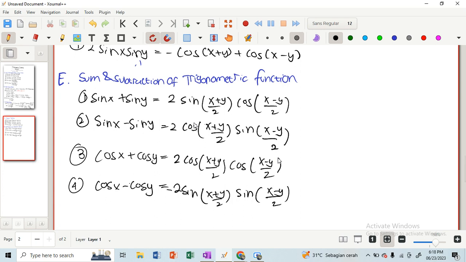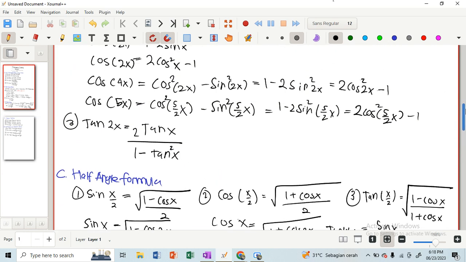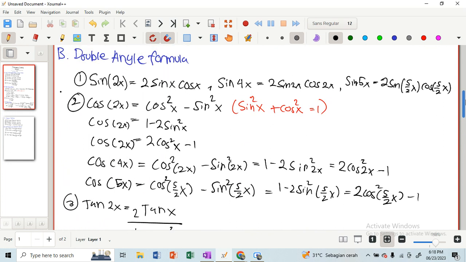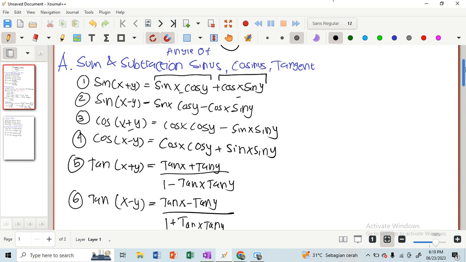So I suggest that you remember these identities, and of course, the other identities too. Well, there's nothing that you can do other than memorizing these formulas, because if you don't remember them, it would be difficult for you to work on trigonometric functions, like the limits of trigonometric functions.